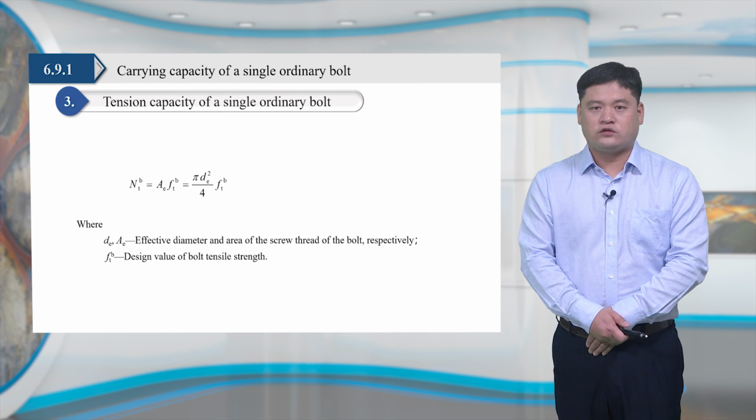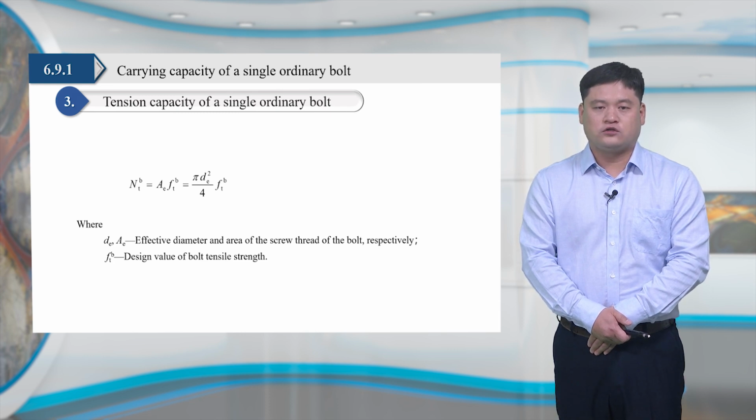The position of tensile failure is usually located at the section weakened by the thread. So the design value of tensile bearing capacity is calculated according to the effective section diameter of the bolt. The design value of the bearing capacity of a single tensile bolt can be obtained by this formula.